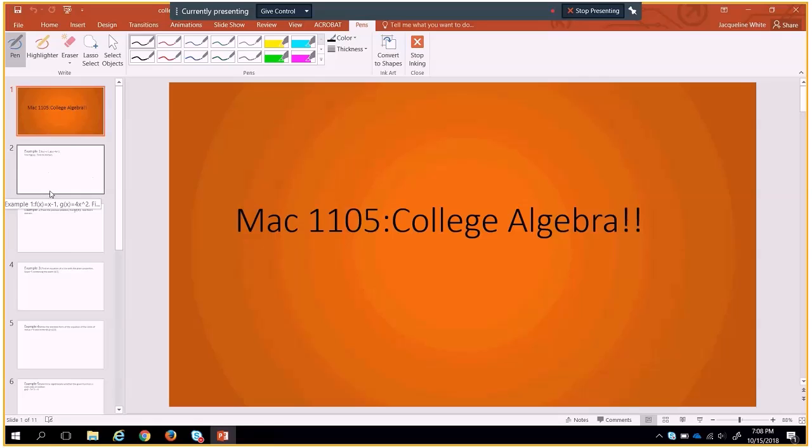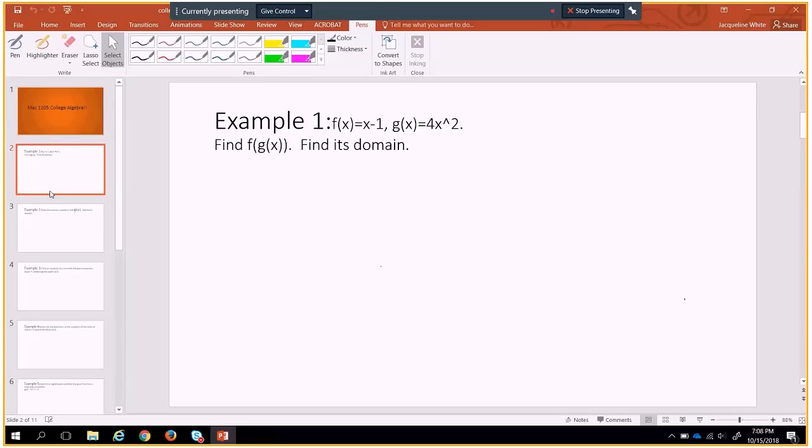Number 1. Example 1. If f of x is equal to x minus 1 and g of x is equal to 4x squared, find f of g of x and find its domain. Let's work with this question step by step.